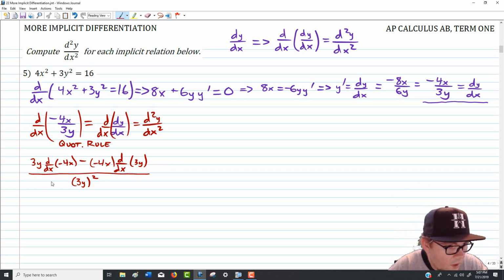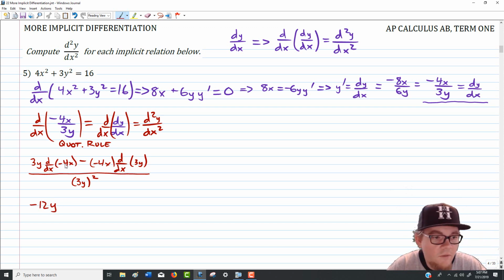Looking at all our pieces, we want to simplify this as much as possible. That's going to be negative 12y, because the derivative of negative 4x is negative 4 with respect to x. This one becomes positive 12x y prime, because the derivative here is 3y prime. Multiply those together and you get the expression up there.